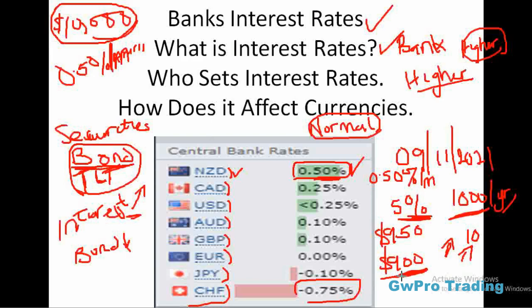And you understand that this bond now requires you to pay $900 for a bond that will pay you $1,000 at maturity. So when the interest rate goes up, bond price comes down, yield goes up. Definitely there will be more people looking to buy this bond because they will find it more attractive.